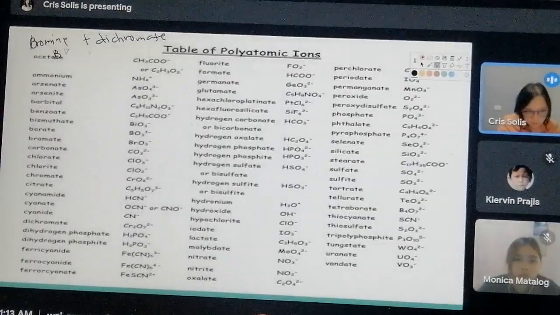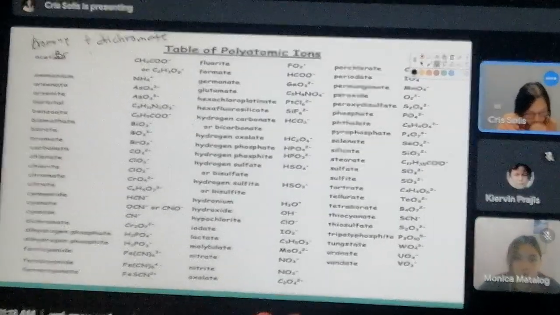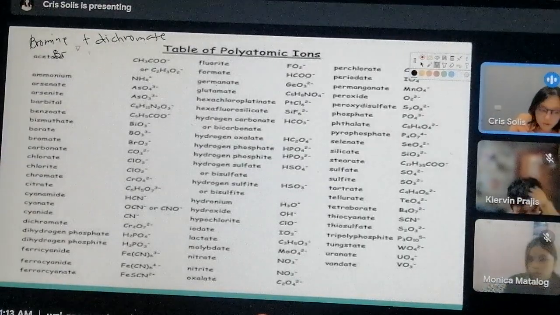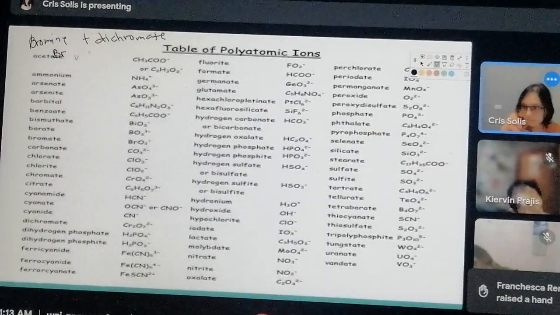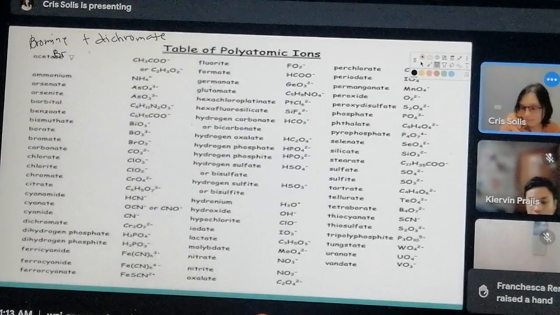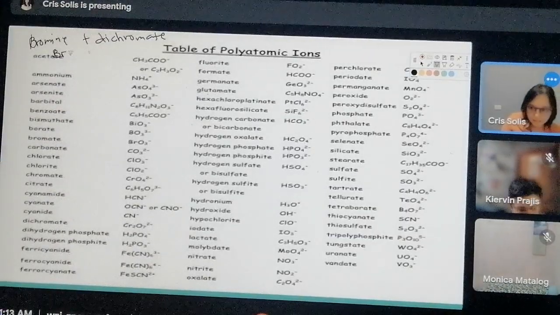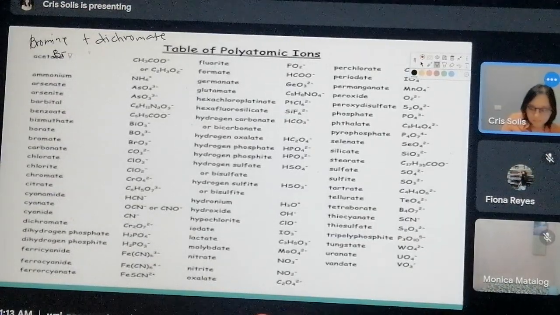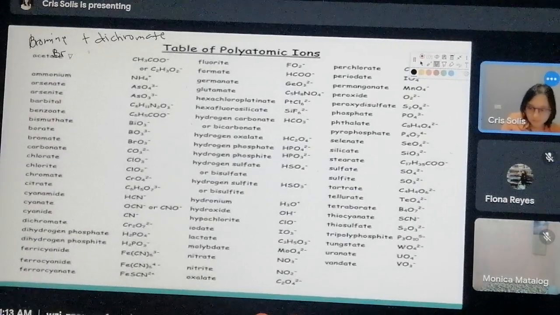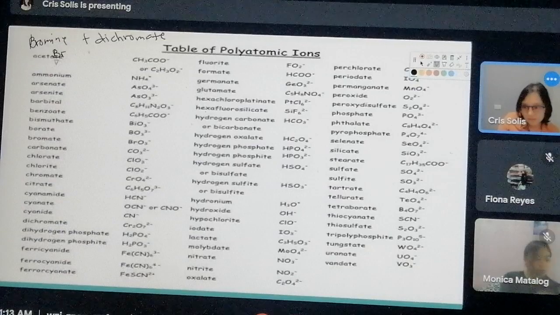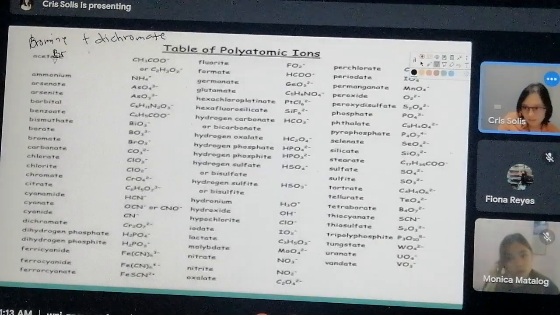What's the charge of bromine? Ano pang charge? Charge ni bromine.